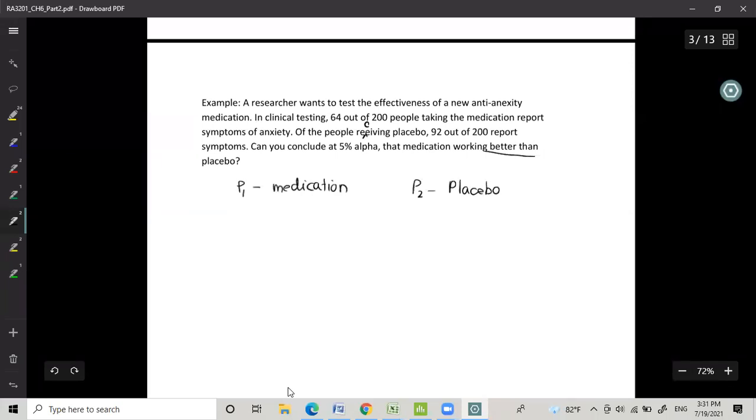Now, if the medication is working better, what do you think about the proportion of participants who got the symptoms? Should that proportion be greater or less? What do you think?